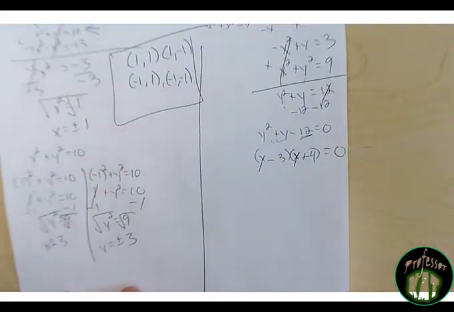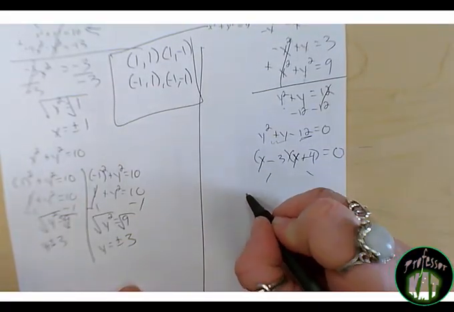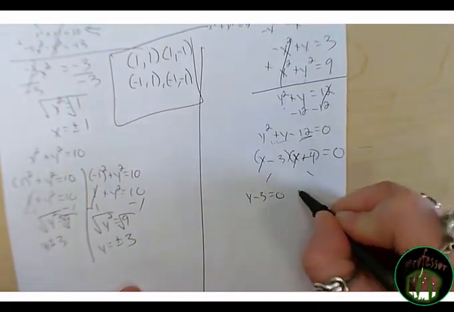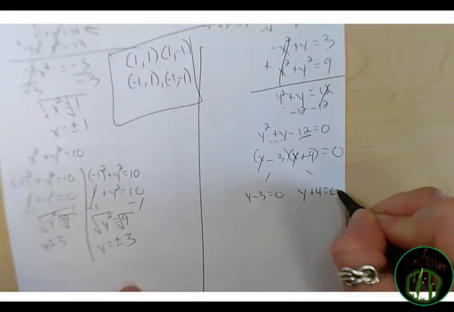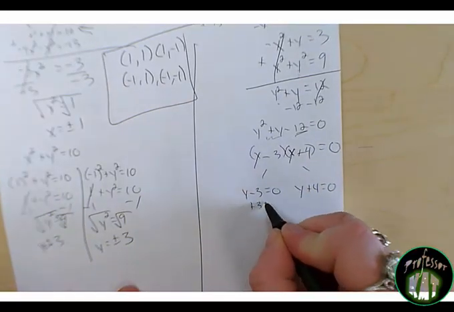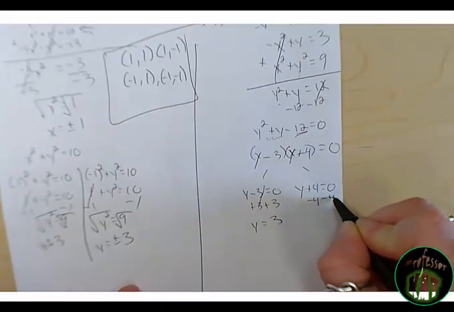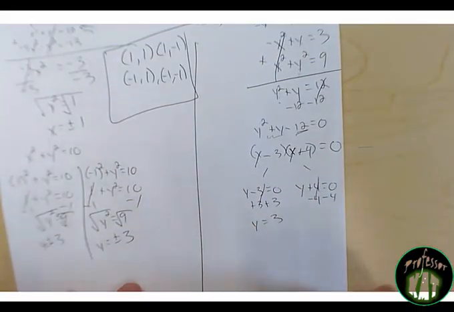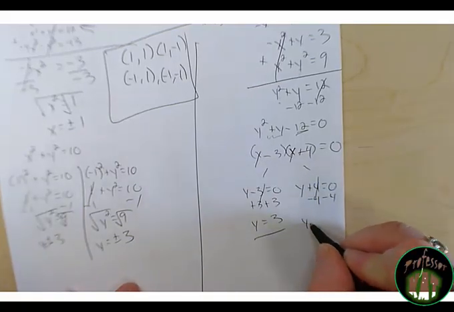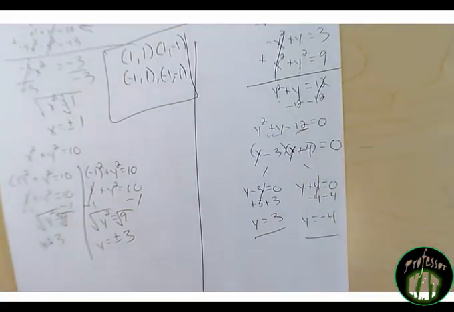Plus goes with that 4, and minus goes with that 3. Use that zero factor property. Take each factor, set them equal to 0, and solve those mini equations. Adding that 3 to each side gives you y equals 3, and subtracting that 4 from each side gives you y equals negative 4.